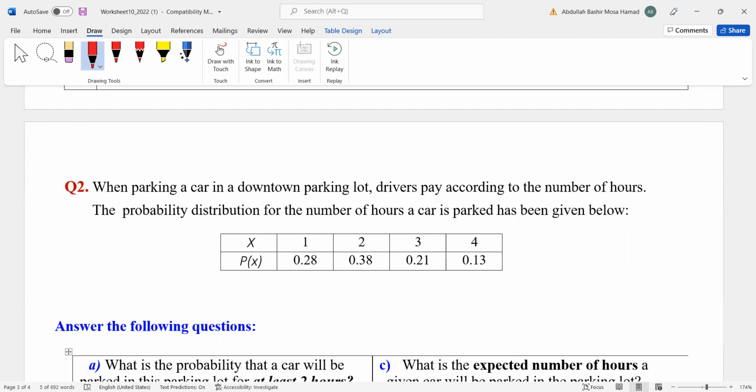So this is the distribution: 1 hour 0.28, 2 hours 0.38, 3 hours 0.21, 4 hours 0.13. Two conditions definitely are satisfied: the summation of P of X equals 1, and 0 is less than or equal to P of X less than or equal to 1.